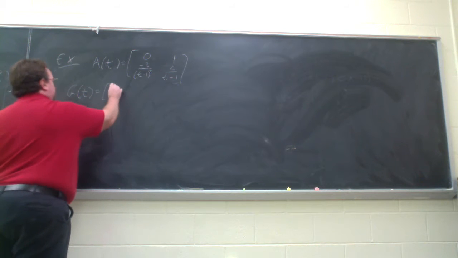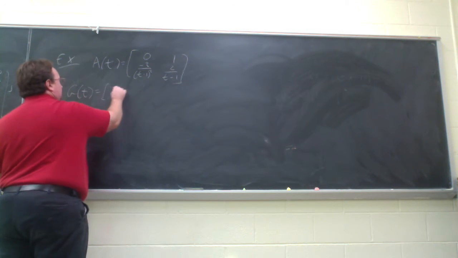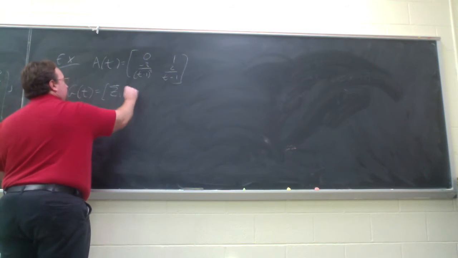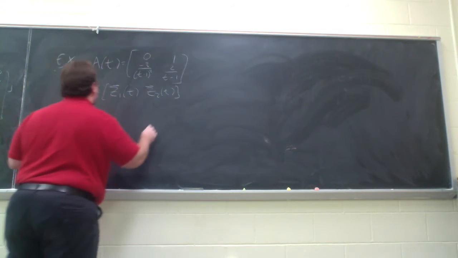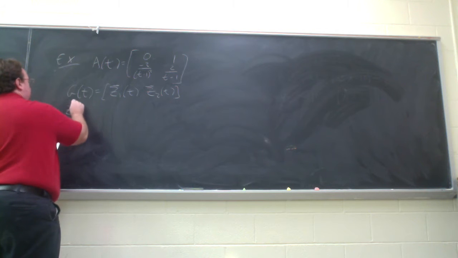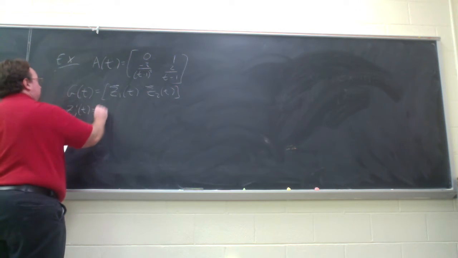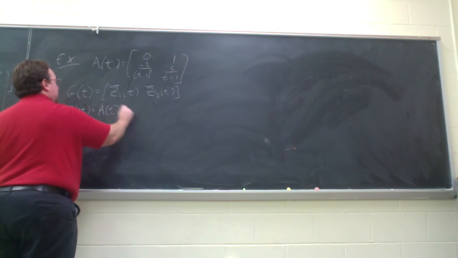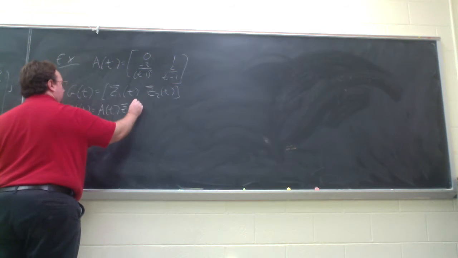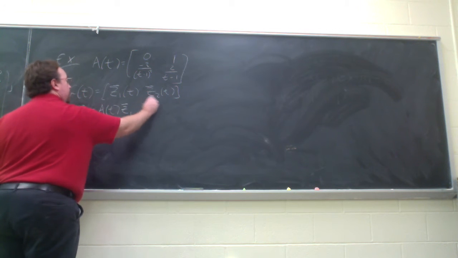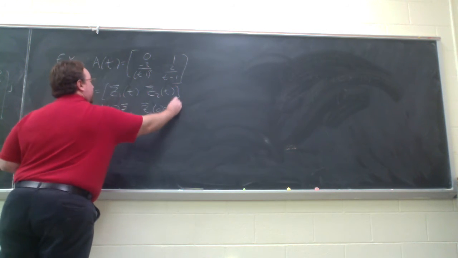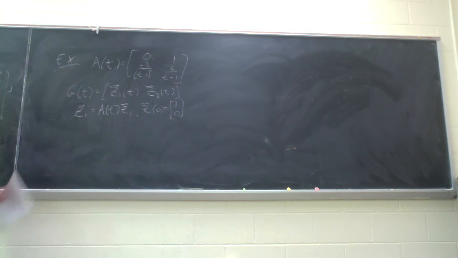It's going to have columns, I'll call them z1 of t, z2 of t, where z1 prime is equal to A z1 and z1 of 0 is the first column of identity, 1, 0.